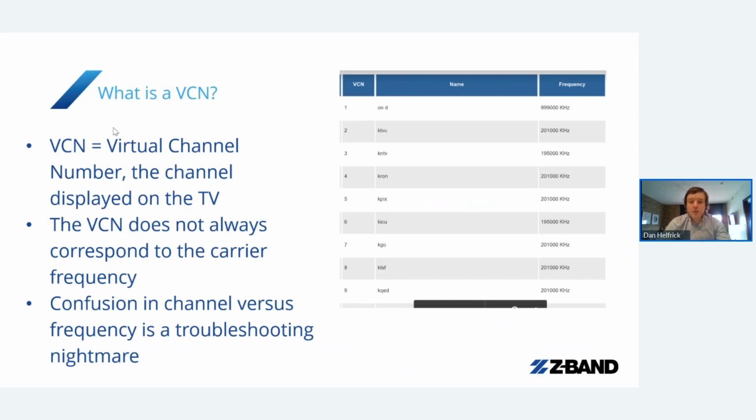The reason that's important is the bottom bullet here. What this causes for us a lot of times, and what it'll cause for you and potentially for your clients, depending on exactly what your role is in troubleshooting TV systems, is confusion, because the client's going to call and say channel 55 is pixelated, and you don't necessarily know what that means. Is it VCN 55?